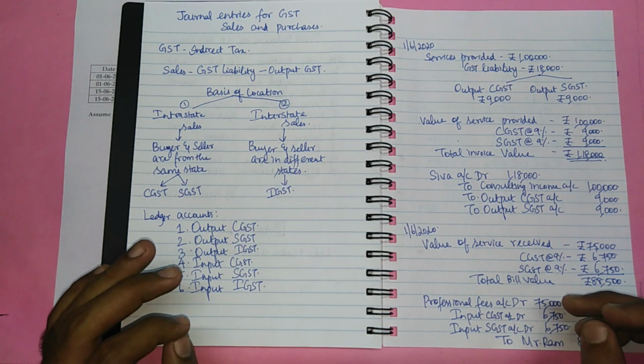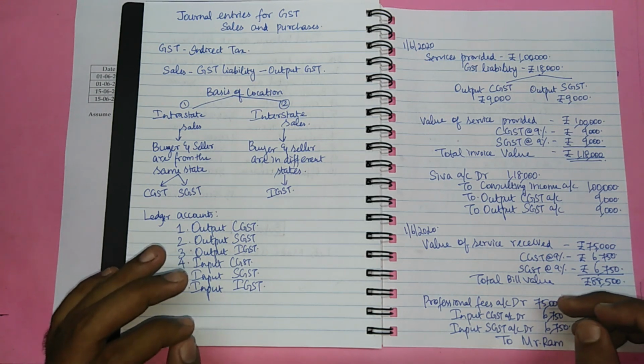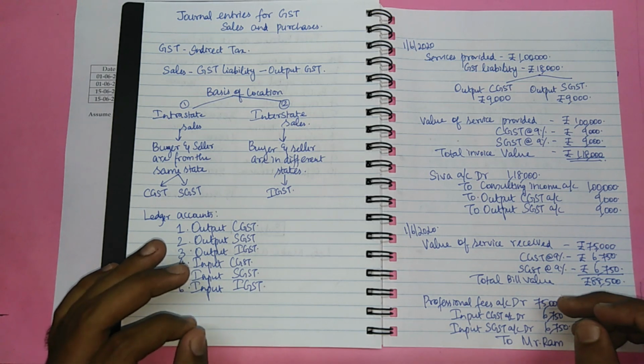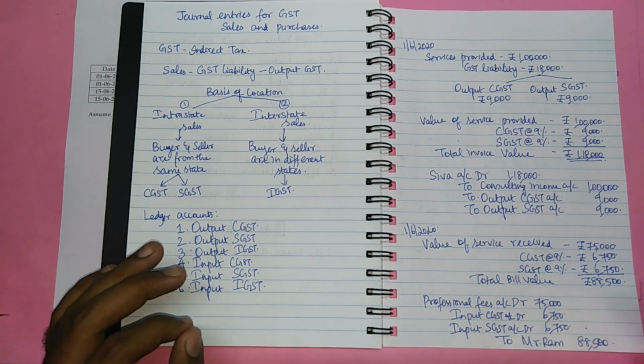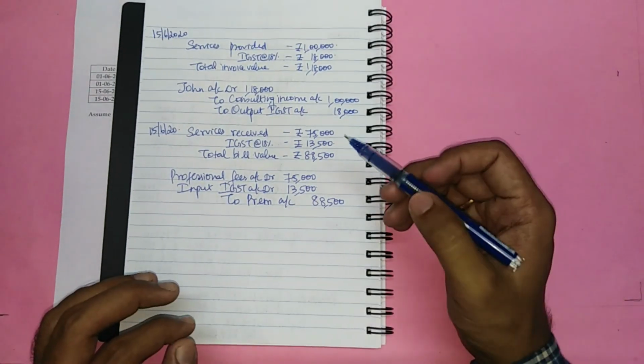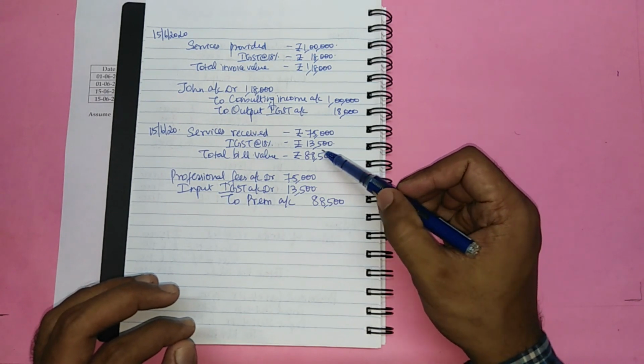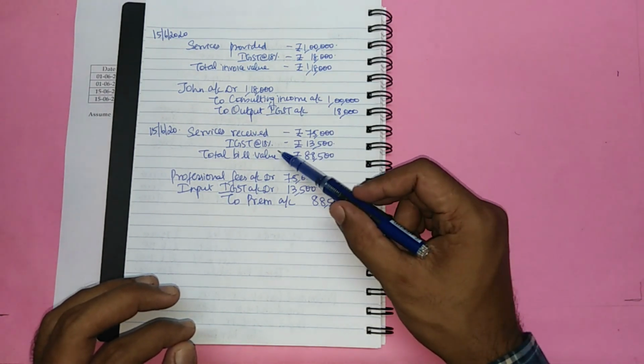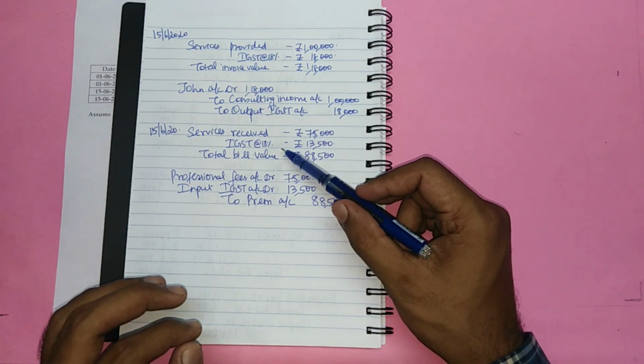While discharging our GST liability, we can avail input tax credit which we have paid to our suppliers. In our case, we can avail this 6,750 of CGST and SGST and this rupees 13,500 of IGST as input tax credit.